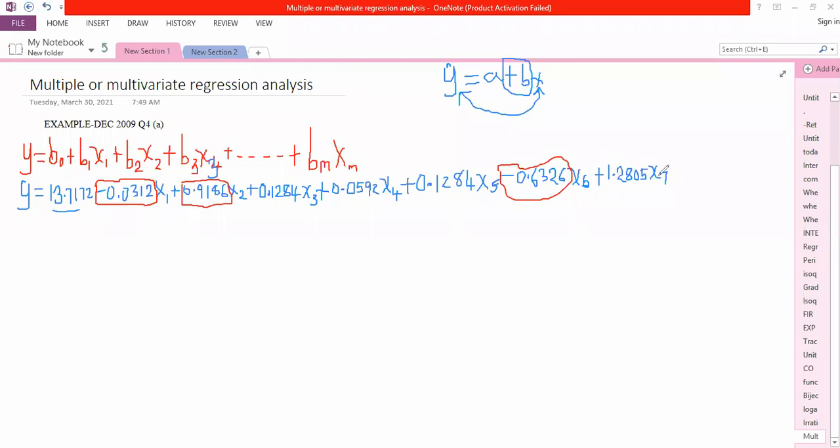And you can pick, for example, that of x7. Since it is positive, then you will say there exists a positive relationship between our x7, which was the number of years in service, and of course the level of job satisfaction, which is our dependent variable y.